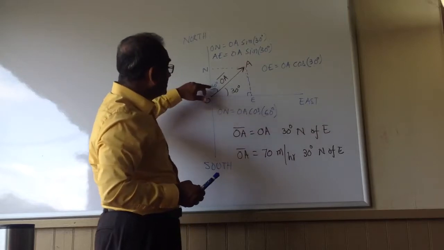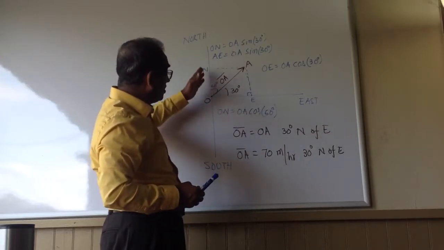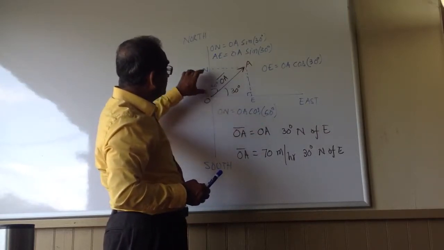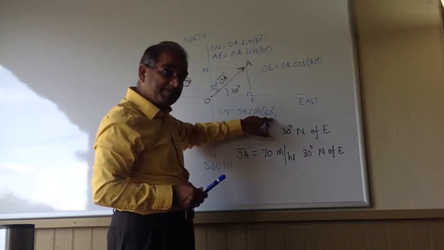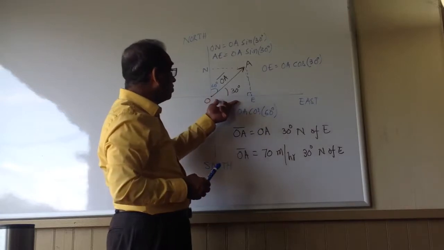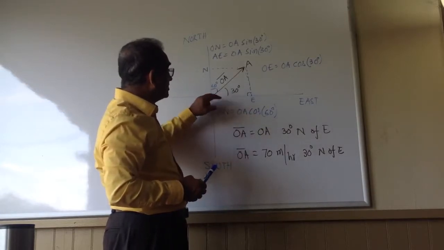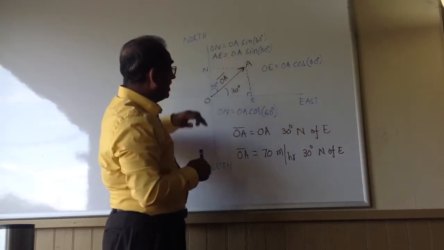So when I am putting this as 60 degrees with north, then ON becomes adjacent to 60. So OA cosine 60. Now, how do I represent OE, which is opposite to 60, because OE is parallel to NA.